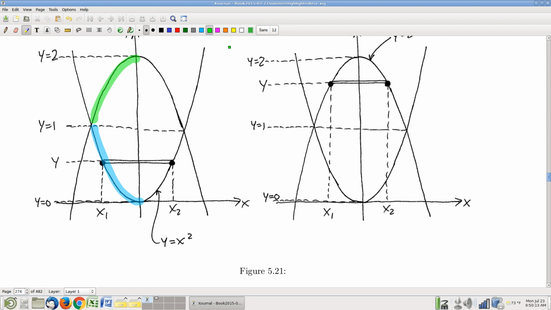How did these x bounds change from one formula to another? It changed because this point jumped from the blue curve to the green curve. And how did this purple point jump from the blue curve to the green curve?